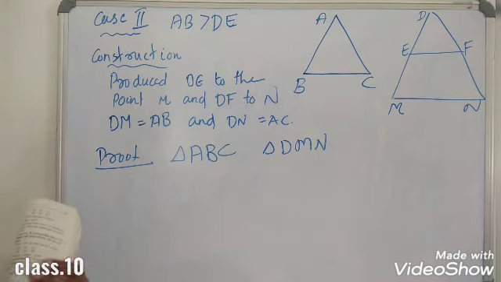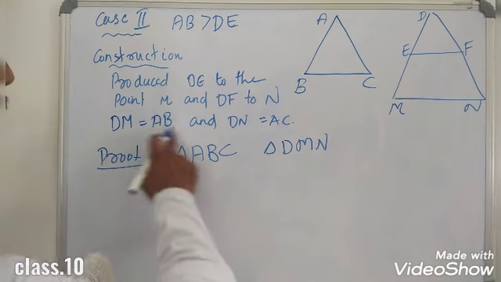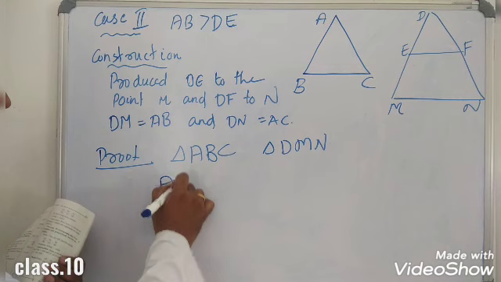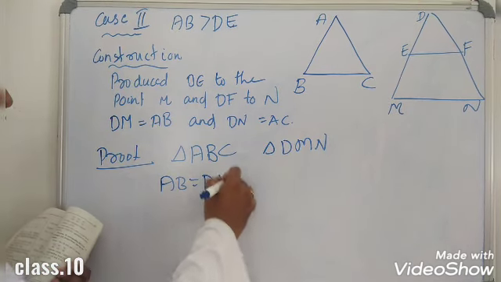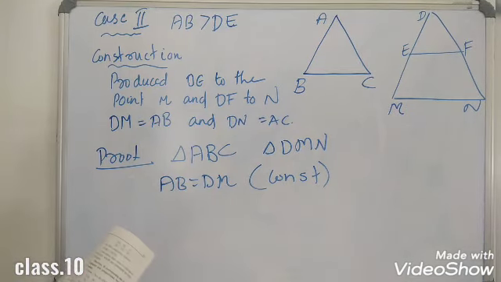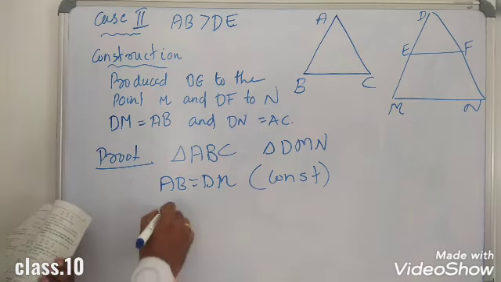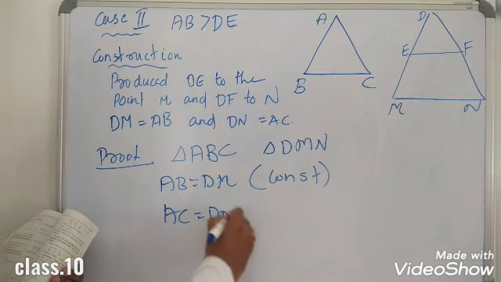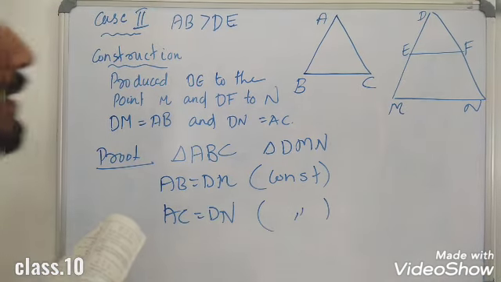In triangle ABC and triangle DMN, AB is equal to DM by construction. Reason: construction. Then AC is equal to DN, so that's also by construction.